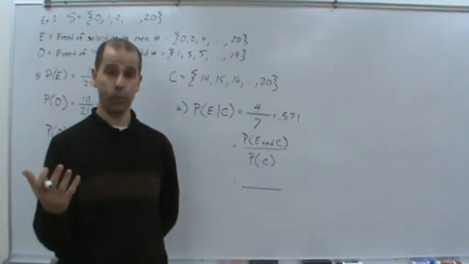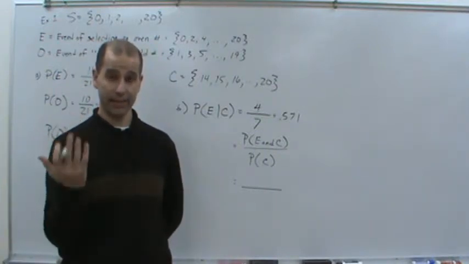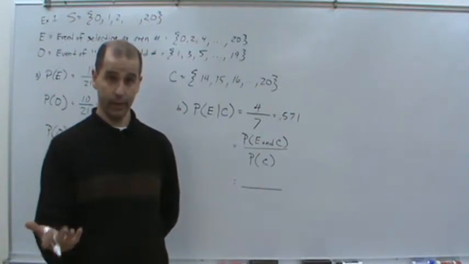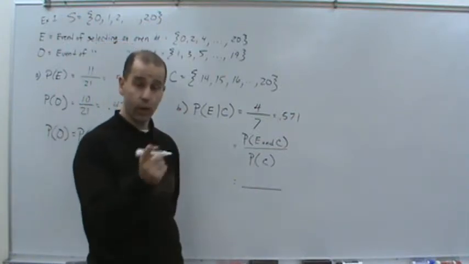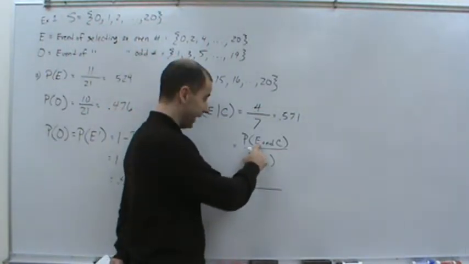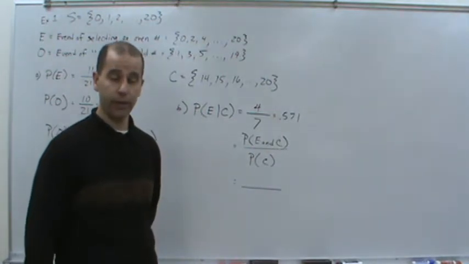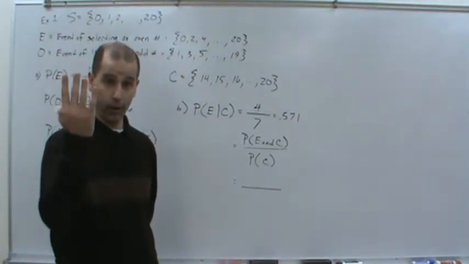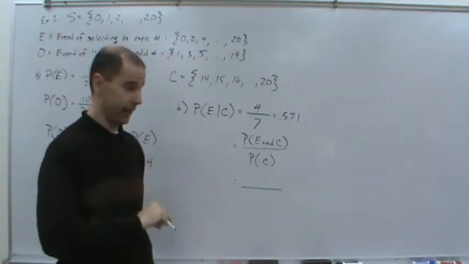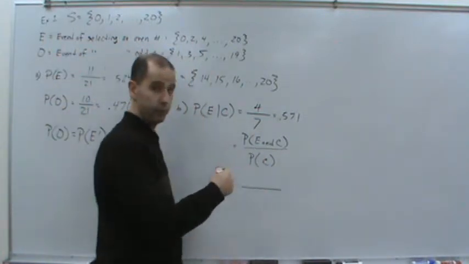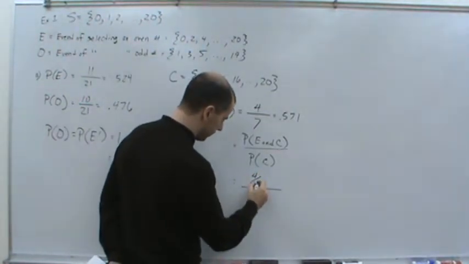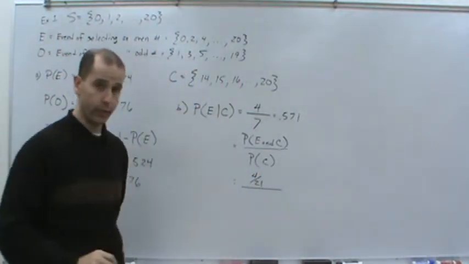Well, what's the total possible outcomes I can get if I select one number out of the sample space? I have 21 numbers, right? That's the sample space. Out of those 21 numbers, how many of those numbers will give me an even number and a number bigger than 13? 4, right? 14, 16, 18, and 20, right? So it's 4 out of 21 numbers. So on the top, that probability is 4 over 21.